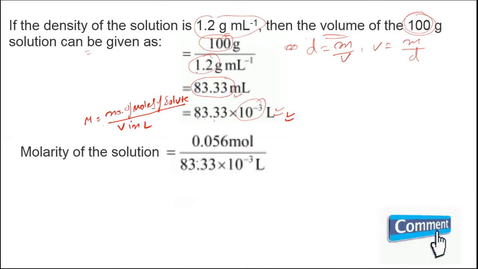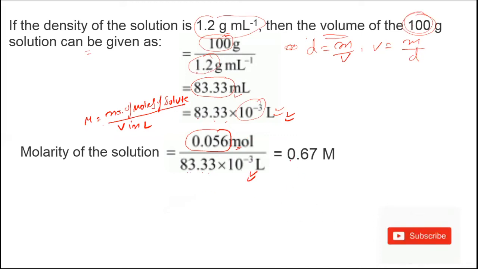The number of moles of glucose we already know, that is 0.056 mole, and this is the volume, 83.33 into 10 to the power minus 3 liter. When we solve it, the value comes to be 0.67 molar. So I hope you are able to understand this question.